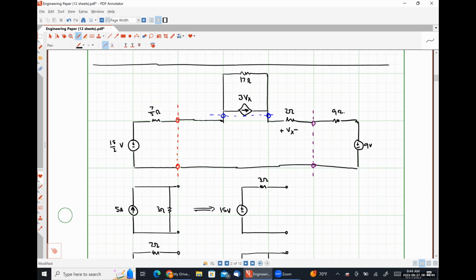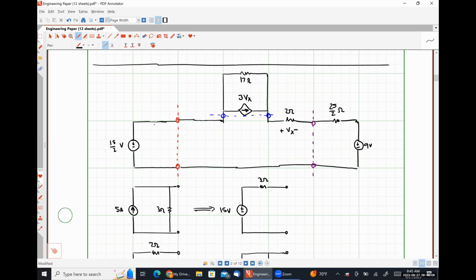So what's 9 in series with 7.5 going to look like? 12.5. So 25 over 2. 18 plus 7 is 25. Yeah. So let's call this guy 25 halves of an ohm, which is going to get rid of this guy.